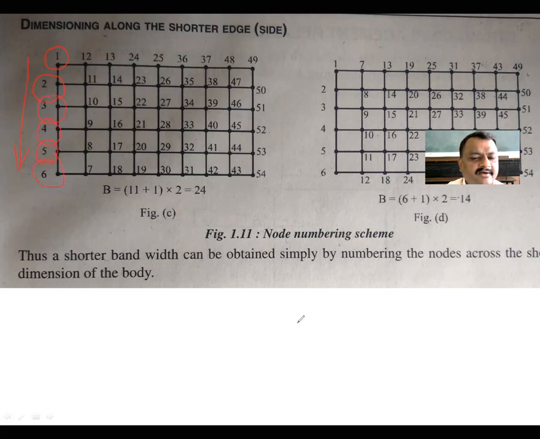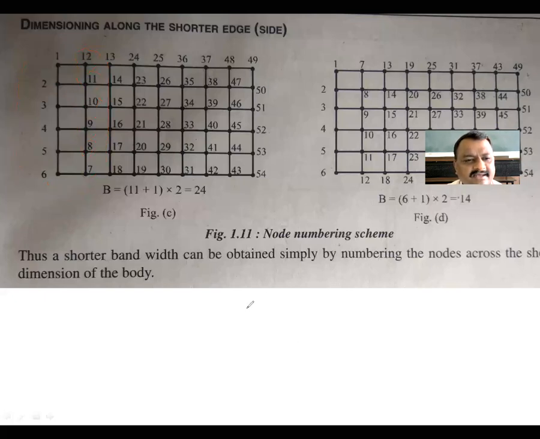So what I have done is number along the vertical fashion across the shorter dimension. Now I'll continue from the last node where it ended: 6, 7, 8, 9, 10, and so on. I'll continue and close at 12. So I have continued the numbering process along the shorter dimension and come back the same way.